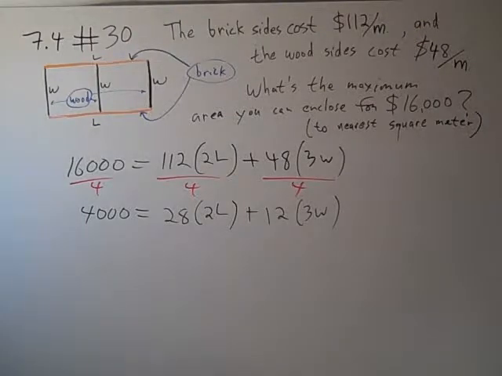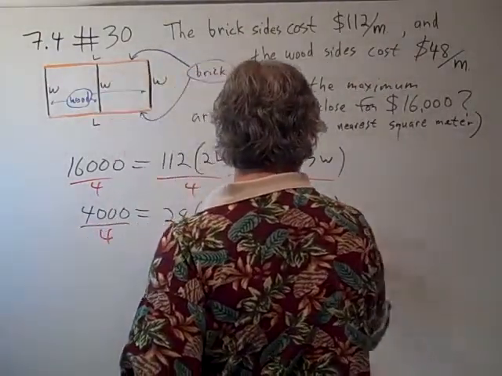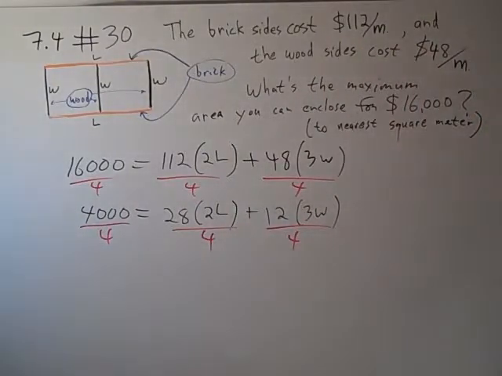Now notice I could still divide both sides by 4 again. So let's just make it as small as possible here, dividing each term by 4.